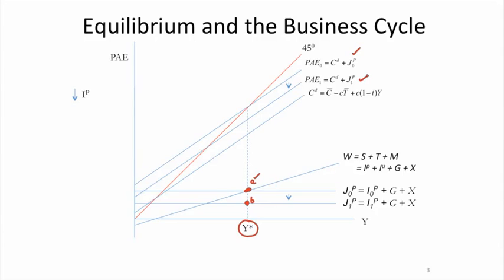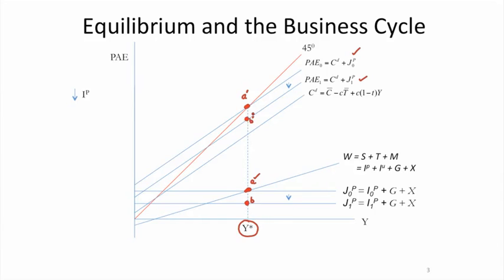And again, let's label where we started and where we're going. Our original equilibrium, let's call it point A prime. That point, however, no longer corresponds to where we are in terms of planned aggregate expenditure because planned aggregate expenditure has fallen to B prime.